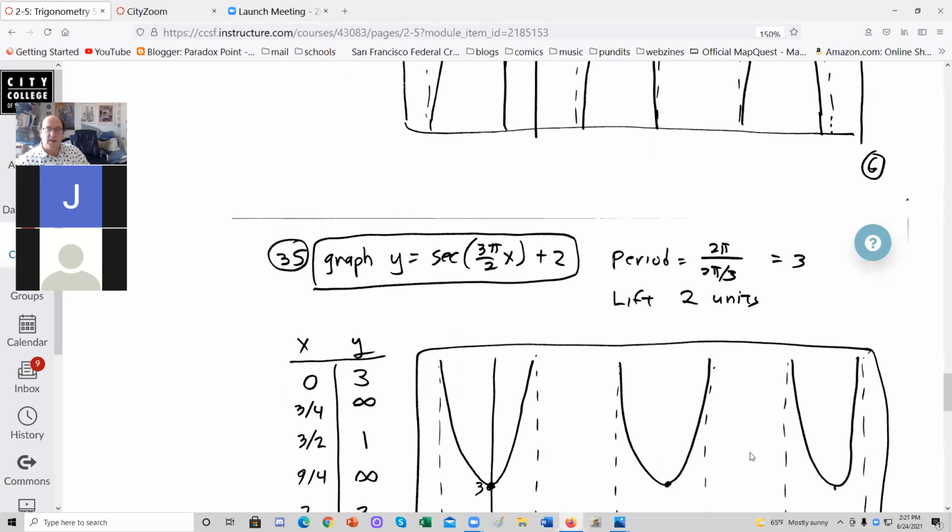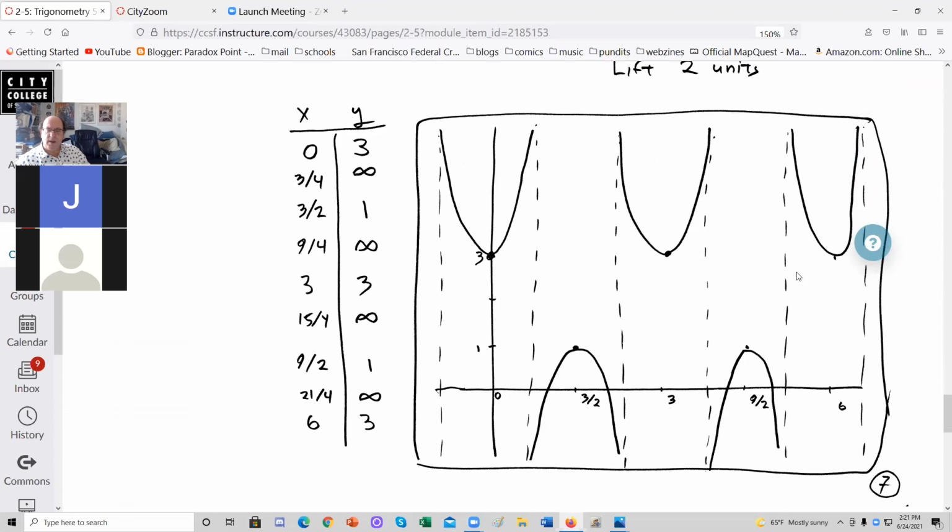Now this is a little more complicated. Y equals secant 3 pi halves x plus 2. This plus 2 means we lift it 2 units after we do all the rest. And the period is 2 pi over 3 pi over 2, which comes up to 4 thirds. All right, now, because of the lifting 2 units, you get the secant graph.